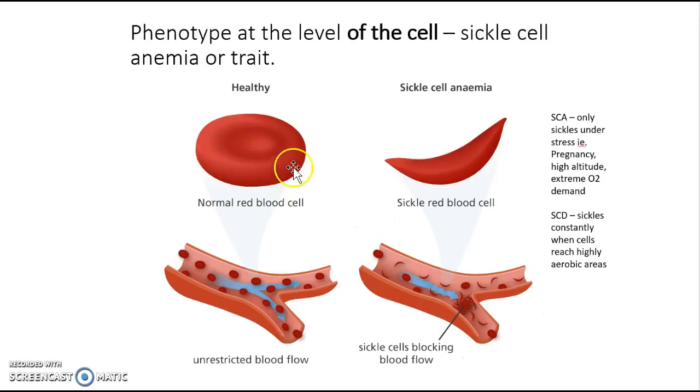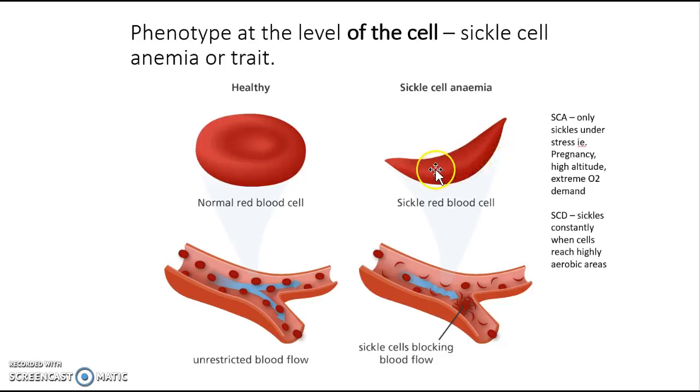That's different from the normal healthy individual that has normal hemoglobin, which does not clump and allows the cells to keep their jelly donut shape, and they flow beautifully through the tissues. If you've got sickle cell anemia, so you're heterozygous for this, then most of the time you've got healthy looking red blood cells, but under extreme stress, like pregnancy, high altitude or extreme oxygen demand through long distance extreme aerobic activity, then the cells will start to sickle.